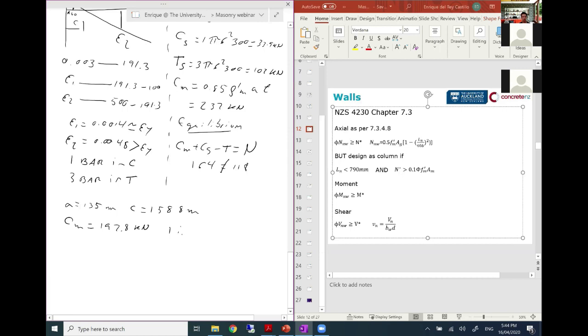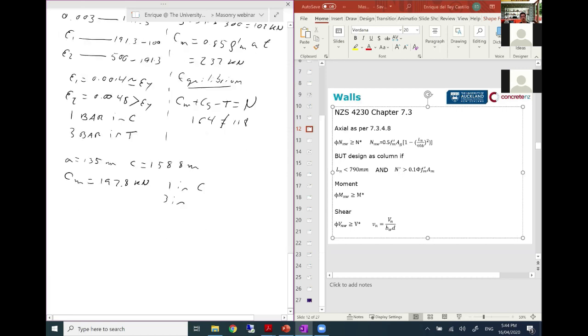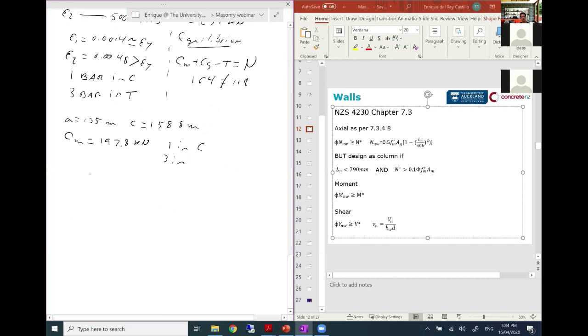We have the same 1 in compression, 3 in tension, so the loads are the same. And in this case, we have that Cm plus Cs minus T equals N. So 124.7 is equal to 118, kind of. So we accept that. So that's our design.